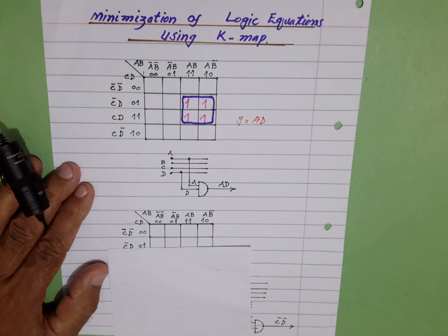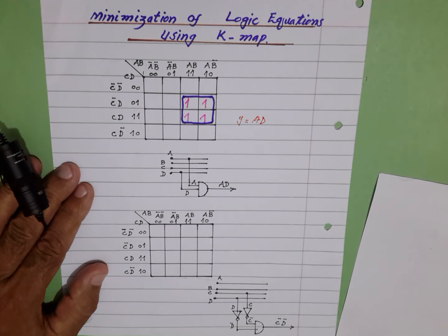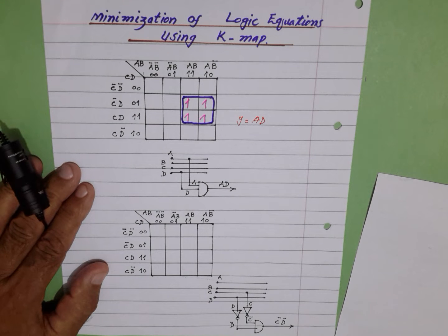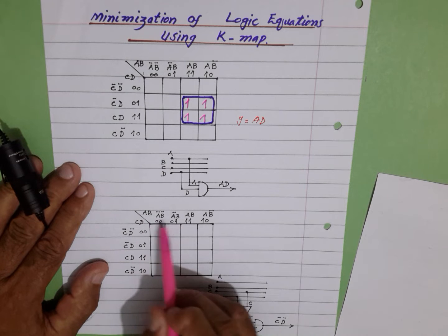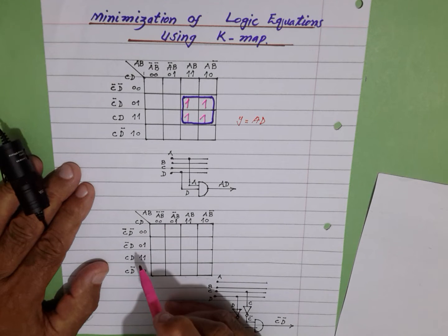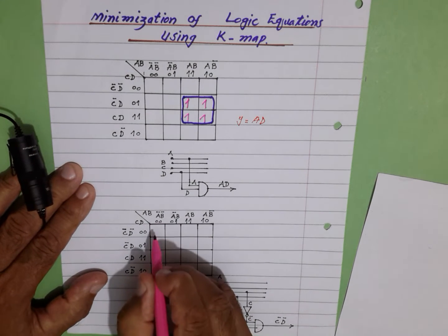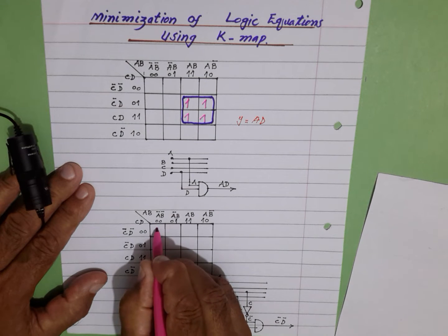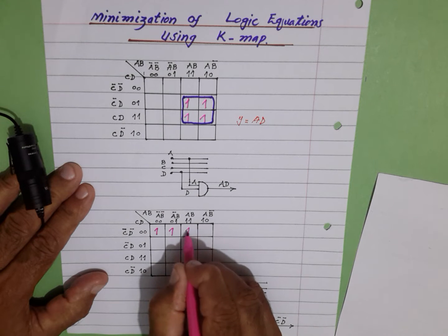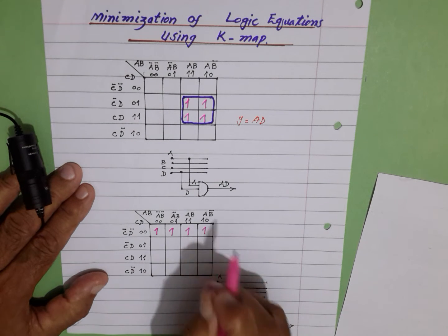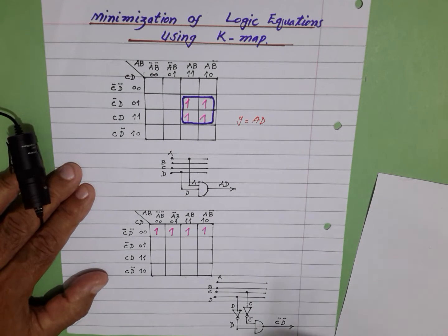For the second example, it is AB, four combinations, CD, four combinations. Now we have four minterms, 1, 2, 3, 4. Let us group it together.